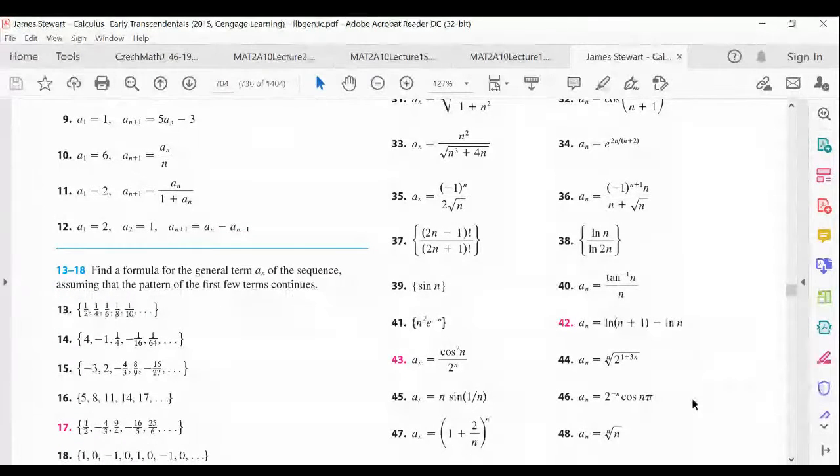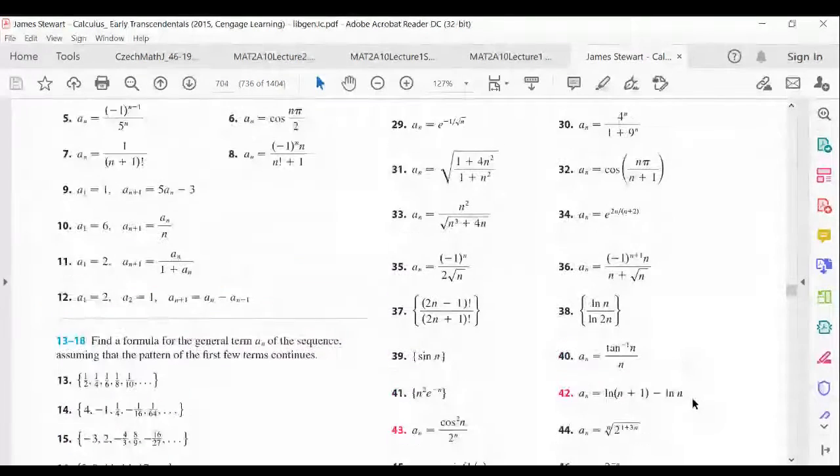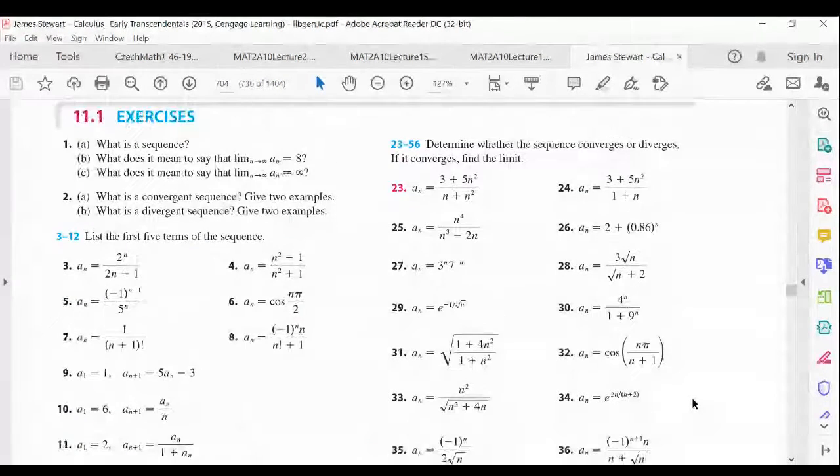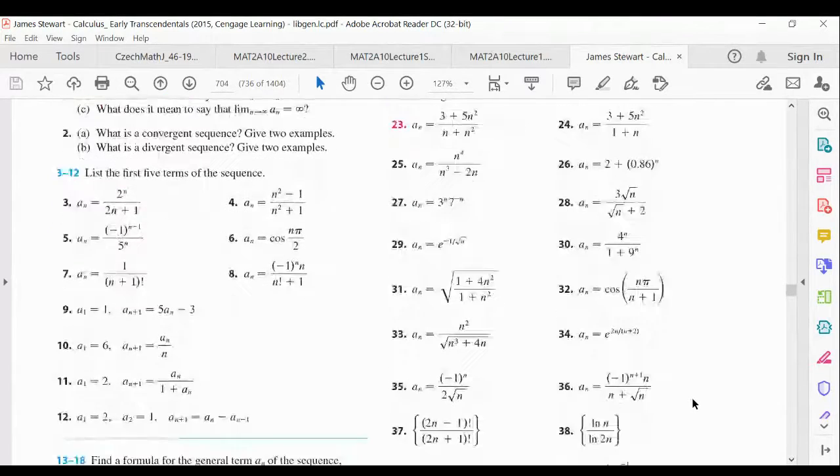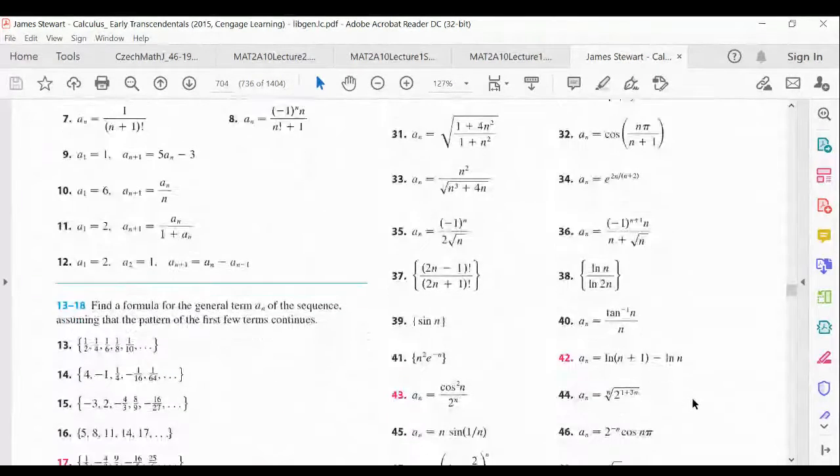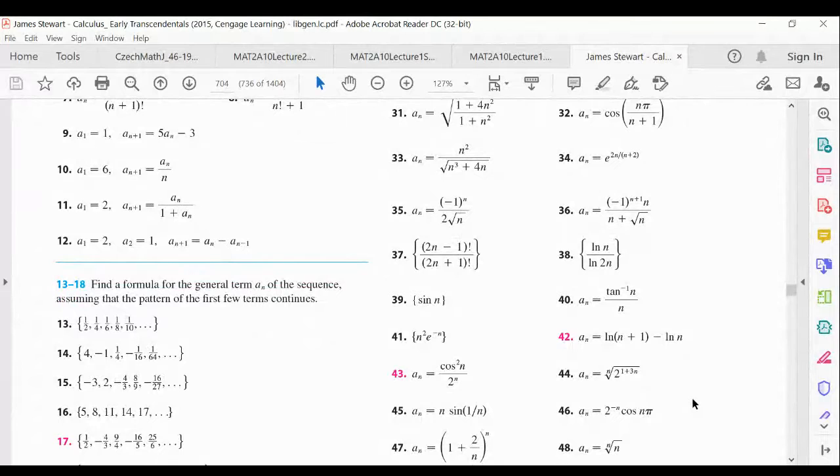There's one that comes to mind immediately, that one student sent me an email about, 37. So look at 37. The question wants to know whether it converges or diverges. If it converges, find the limit. Now remember what the factorial function is.